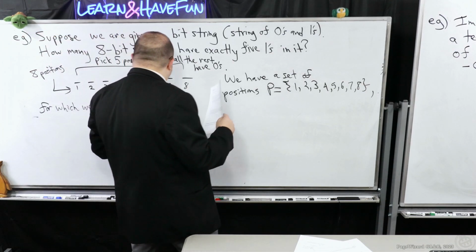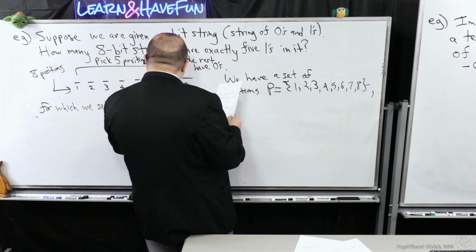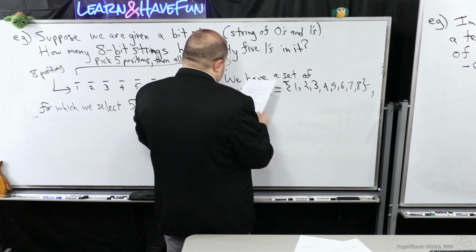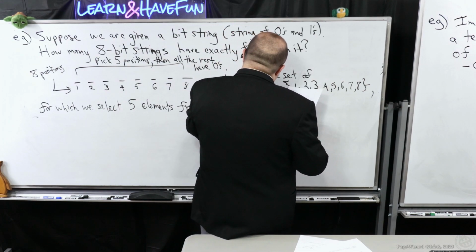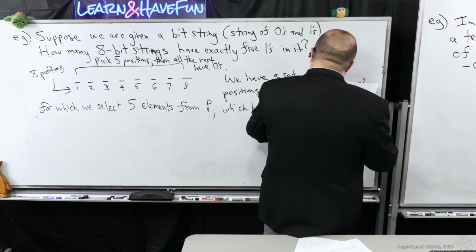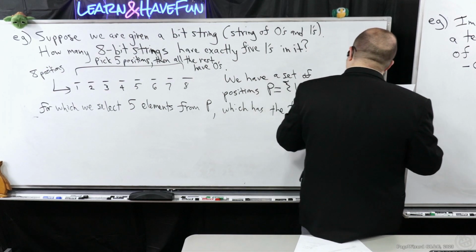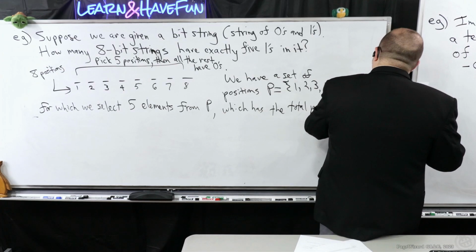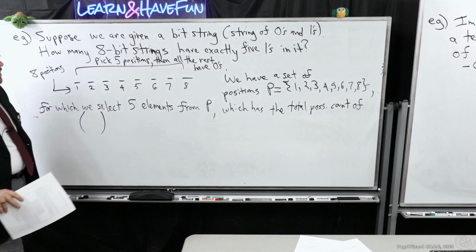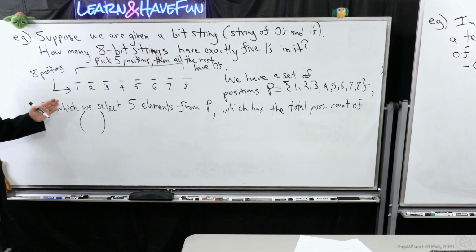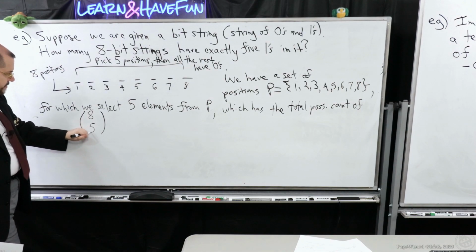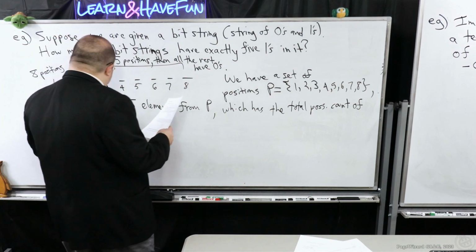Those are going to occupy ones. Which has the total possible count of, what is it? What's going to go in my choose here? So what are my choices? I'm going to have 8 positions, so I have 8. Choose what? 5. 8 choose 5.